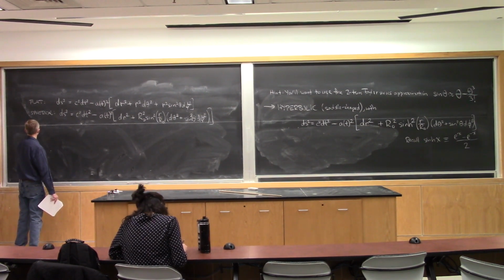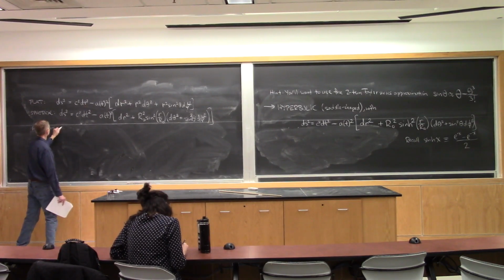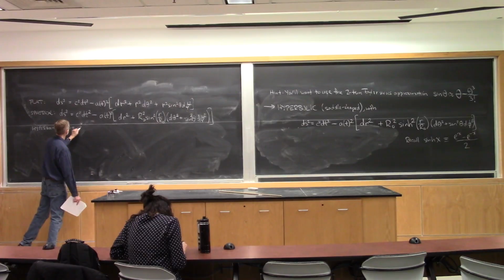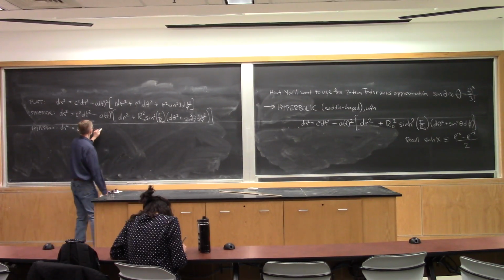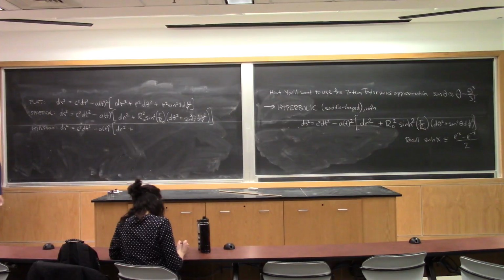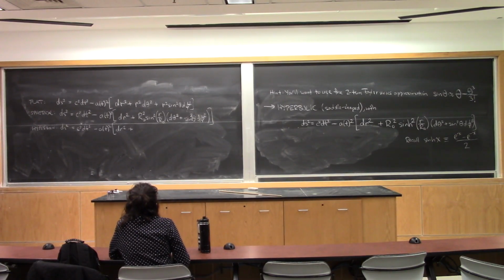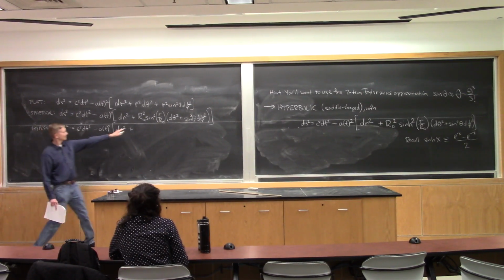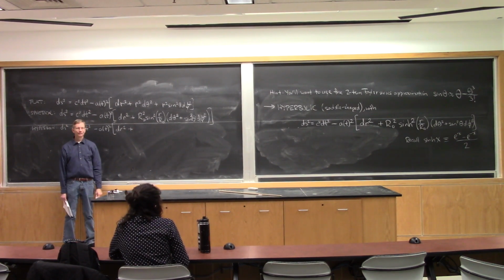And then we just wrote down the hyperbolic version. ds squared is c squared dt squared minus a of t squared, dr squared plus, and what am I going to do for that next piece? Instead of sine, I use sinh, it's so easy, it's a cinch.